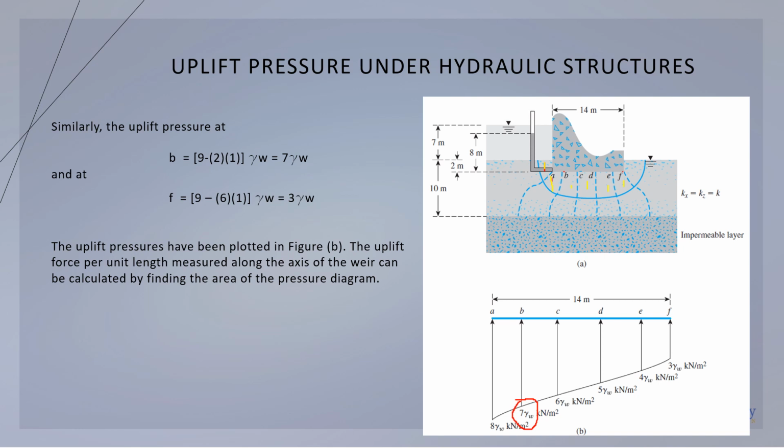So that would only be equal to 3 times the gamma water because it is pressure due to water, so we have to use the unit weight of water. So 3 meters times kilonewton per cubic meter, the unit of our gamma water, then our unit becomes kilonewton per square meter, or force over area. So that is our pressure at point F.